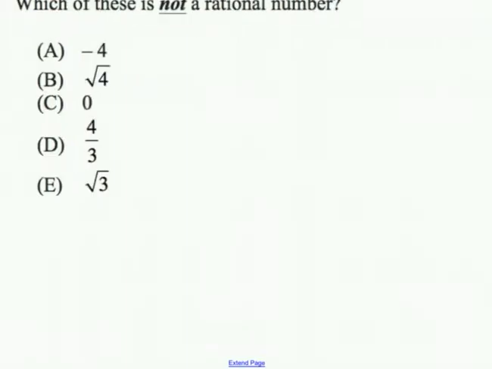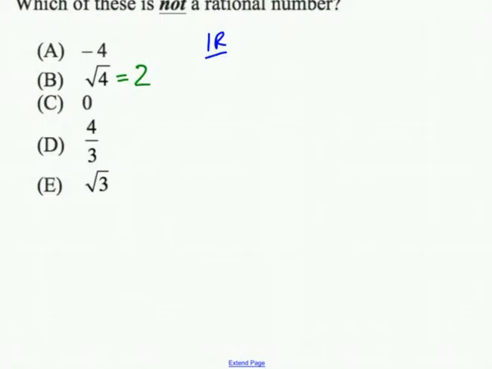Which of the following is not a rational number? That would imply irrational. So irrational numbers are numbers that have a decimal that doesn't repeat. Usually you're looking for roots or pi. However, you do want to simplify any roots that are present. So square root of 4 is 2.